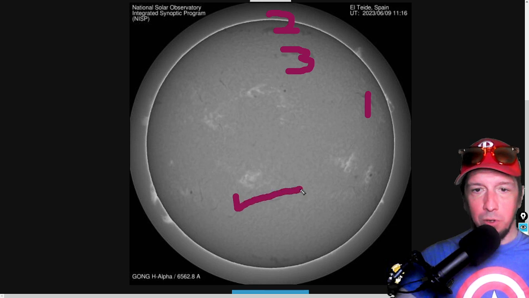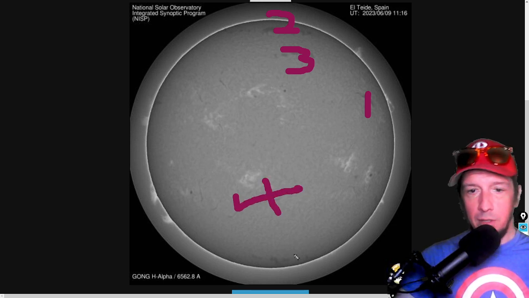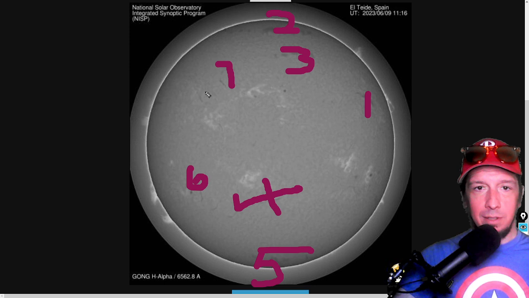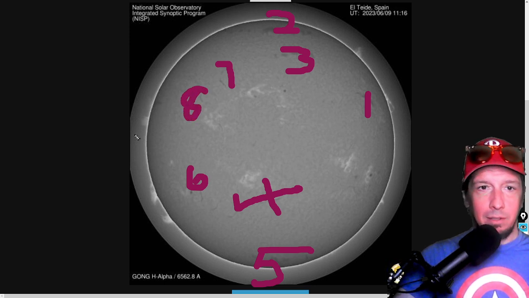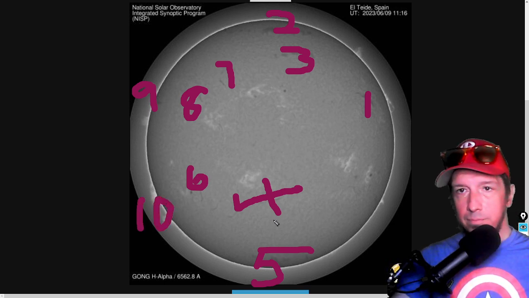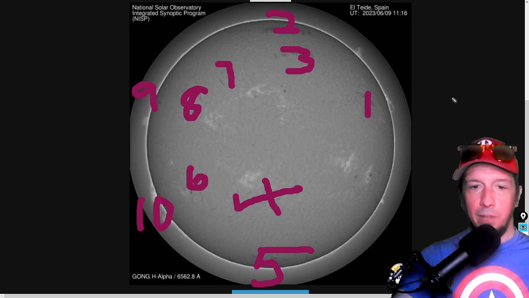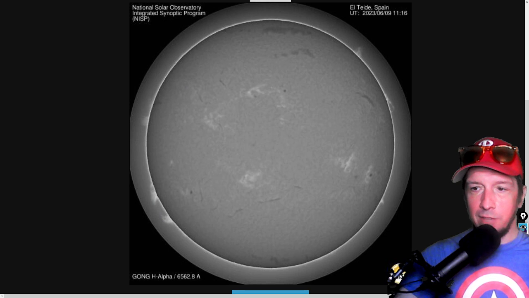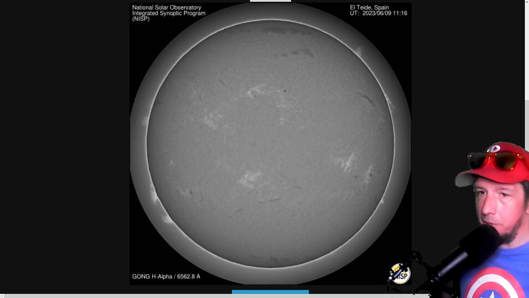This one's 4. That's just a really long filament. 5 down at the South Pole. 6 is that one right there. 7, 8. Also this one right over here is 9. And there's 10. So 10 filaments. You could even make the argument that this one and this one are separate. You could say a dozen filaments on the Earth-facing side of the solar disk. That is a lot of filaments.